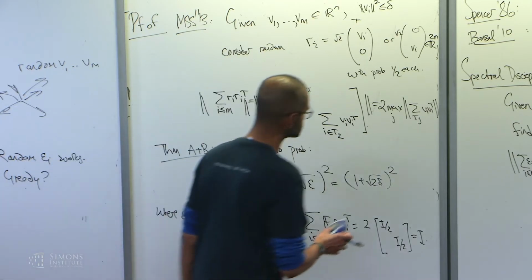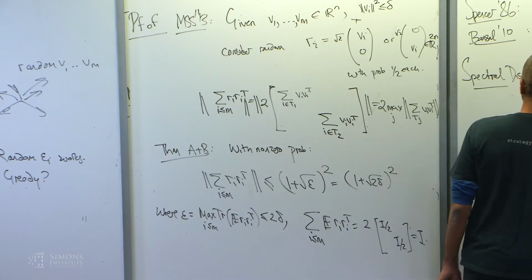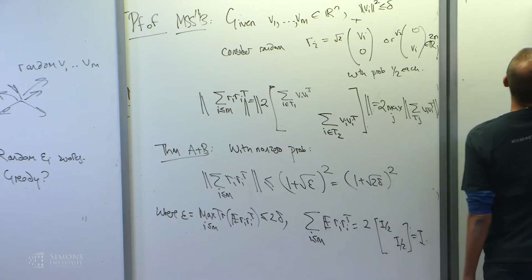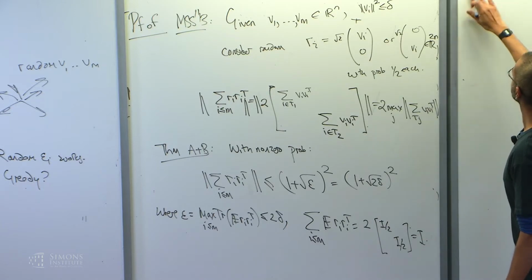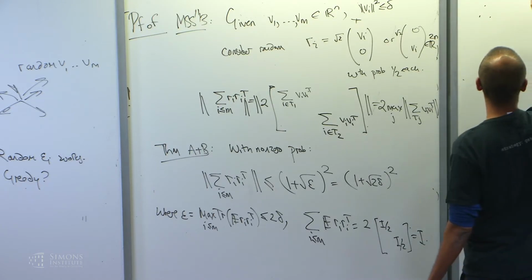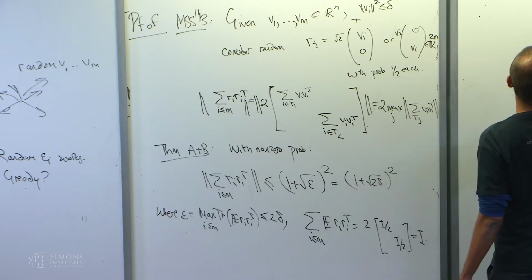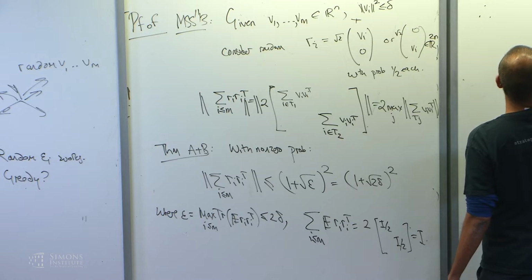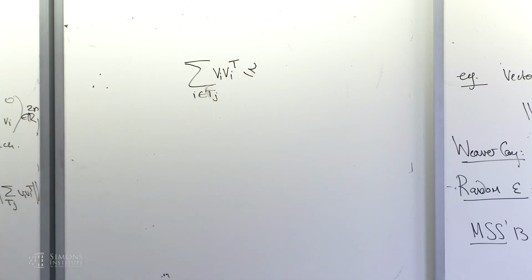Now why is this good? Well, this is good because this means that if I look at the sum of the vectors in each of these sets, the norm of this is half the norm of this big matrix.